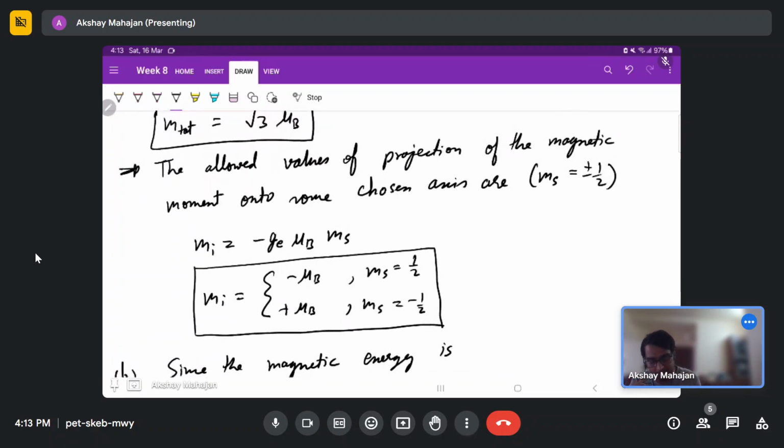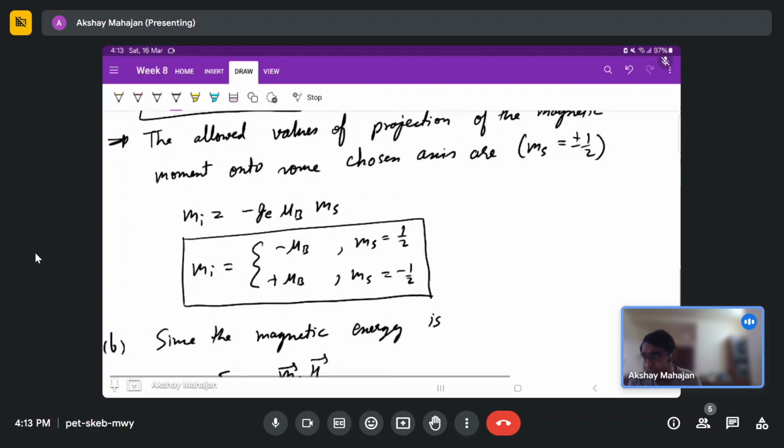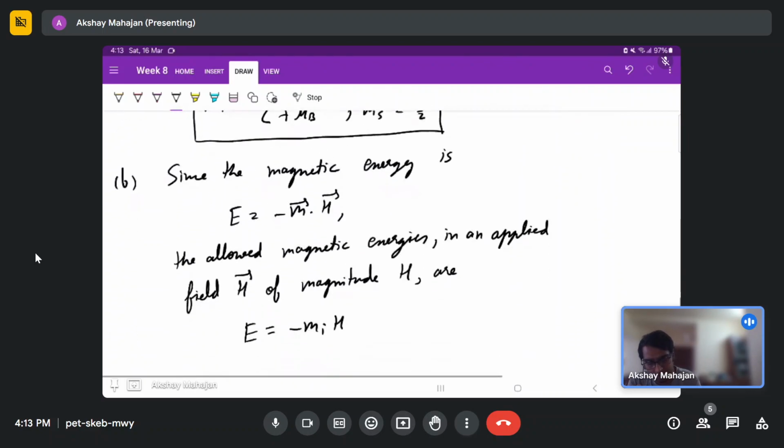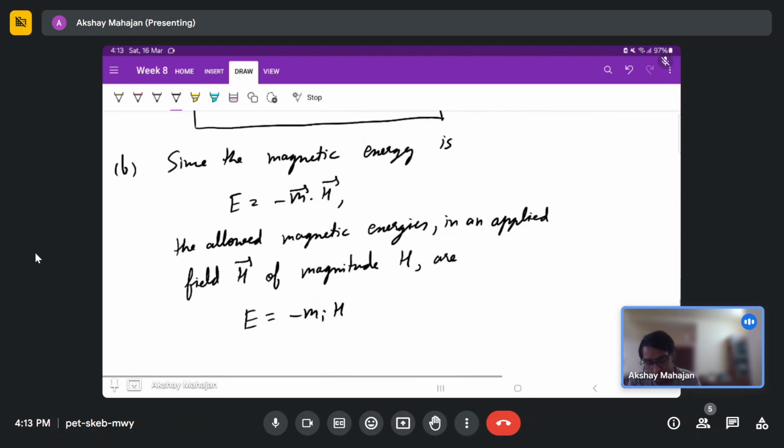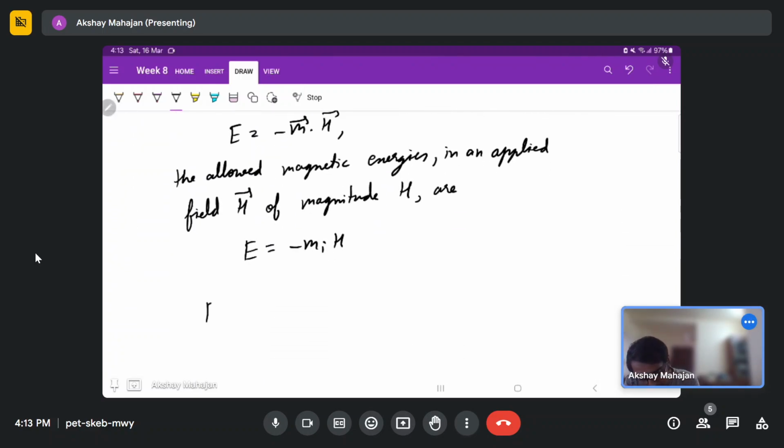Let's say it is also in the z direction, and mi values we have already calculated. For ms equals half we have minus mu B, and for ms equals minus half we have plus mu B. So the energy values will be: mu B times h for magnetic moment equal to minus mu B, and minus mu B times h for magnetic moment equal to plus mu B.